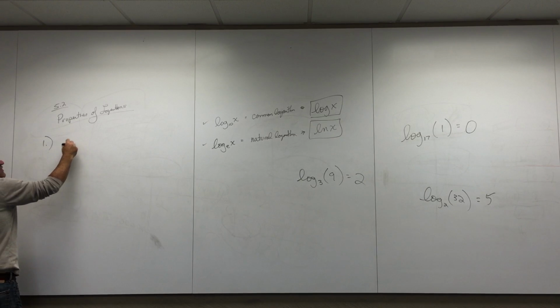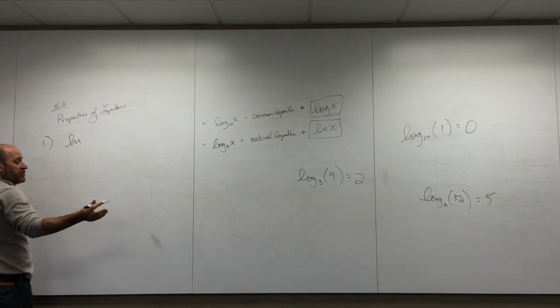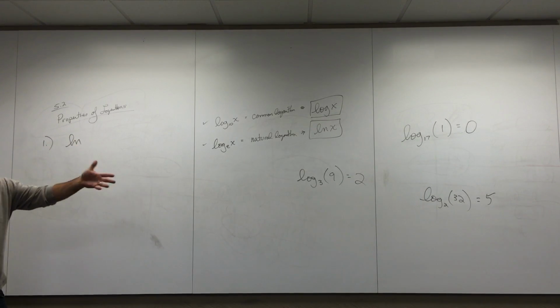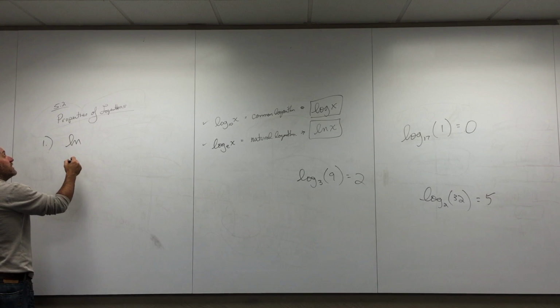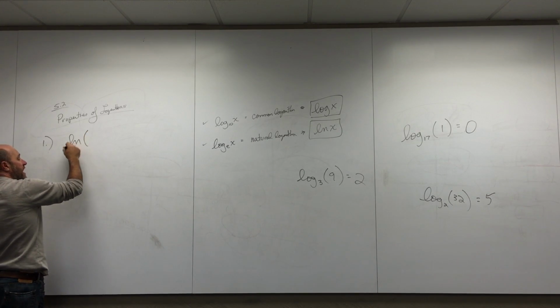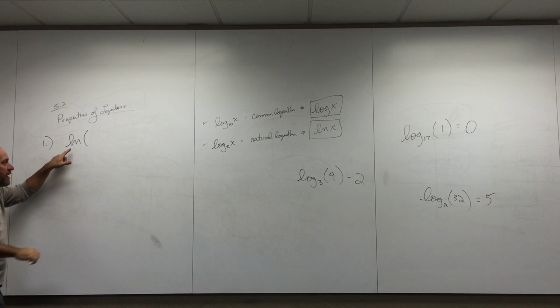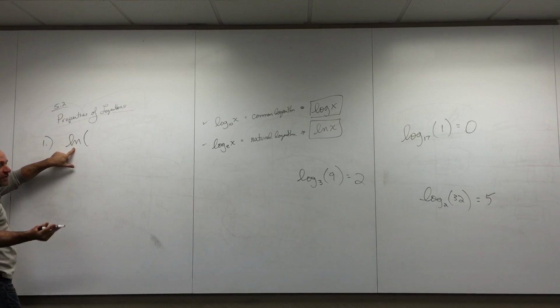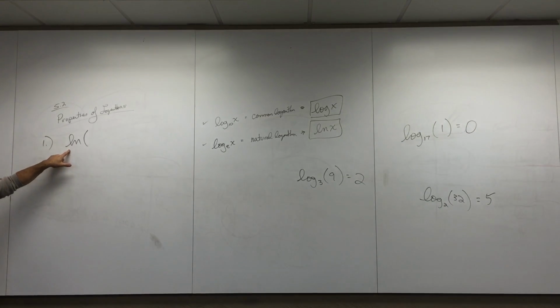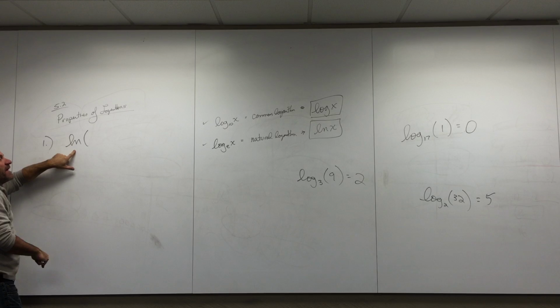I'm going to just use ln for my example, but it's true for any log, base 10, base 2, base 3. By the way, when I read ln, I say log. It's a logarithm. It's the natural logarithm. Or it's a logarithm au naturel. Maybe that's what it is. But anyway, it's a log.